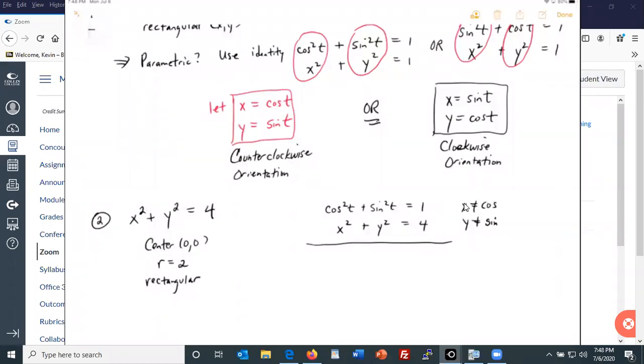So what we're going to do is bring down the first equation. And then we're going to divide the second equation by 4. So I'm going to get x squared over 4 plus y squared over 4 will equal 1.